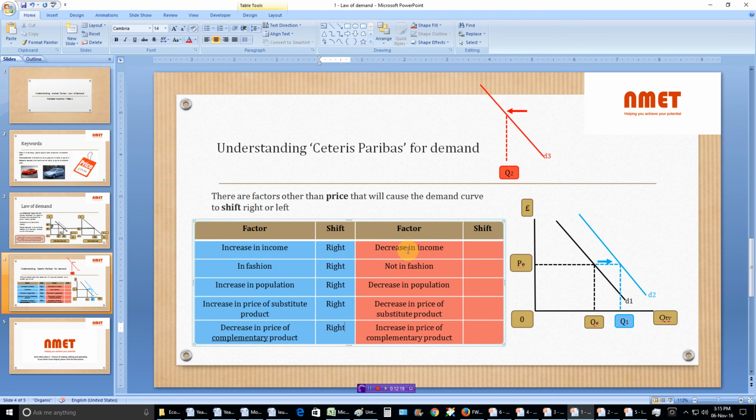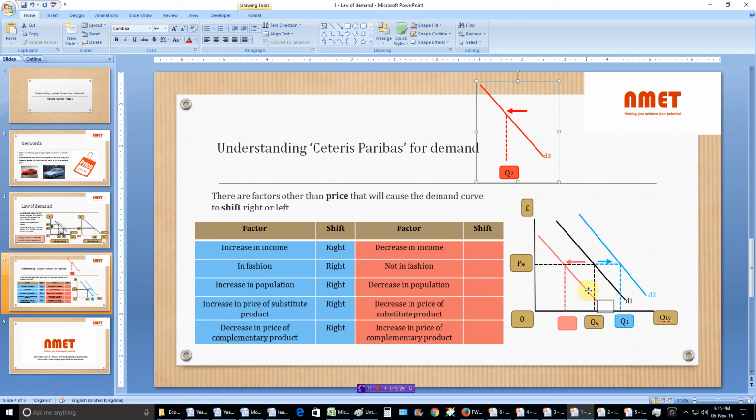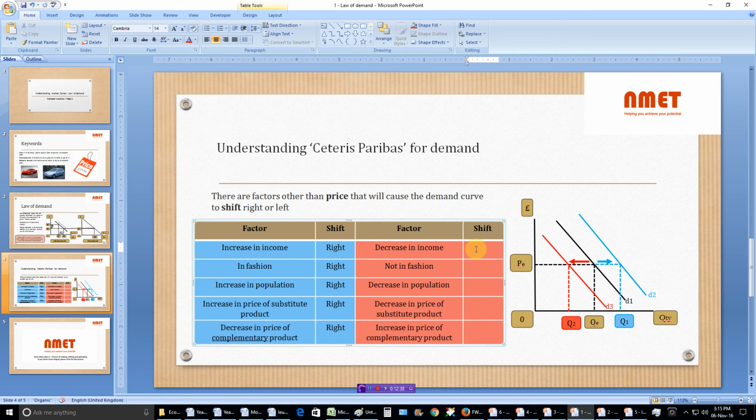Then we are looking at if there is a decrease in income, would you consume more or less? You would consume less. And that would mean that the demand curve shifts to the left, as we can show with the red arrow. If a good is not in fashion, or let's say the price is constant but it goes out of fashion, what will happen to the demand curve? Will it shift to the right or to the left?